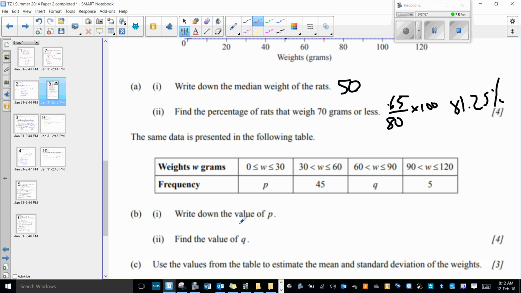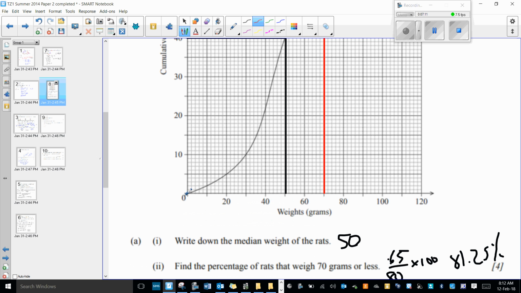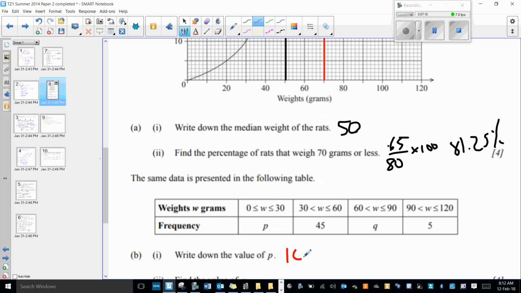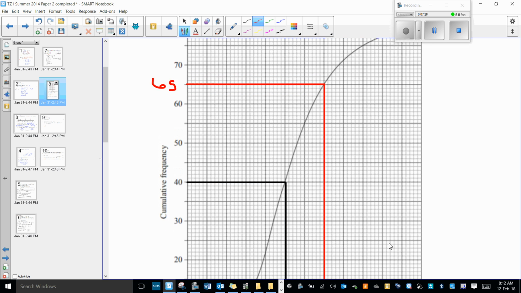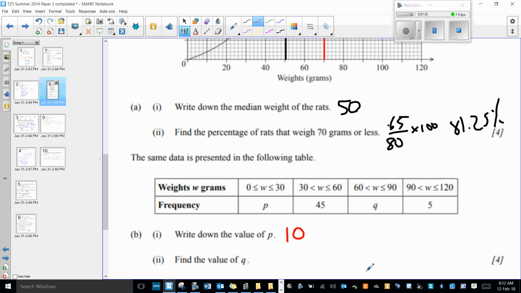So from 0 to 30, that would be a value of 10. So P is 10. 60 to 90. Right, that's 30 to 60.